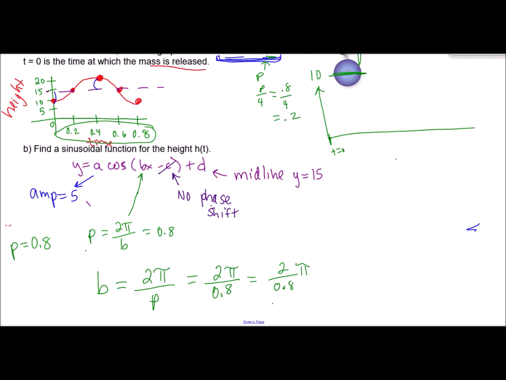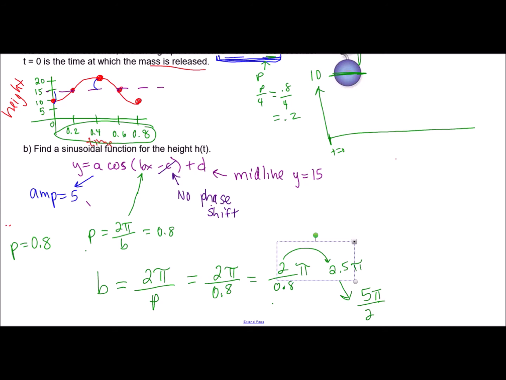So if you take 2 divided by 0.8, that becomes 2.5 pi. But if it's possible, I prefer it as a fraction with pi in there. If you did a decimal, 2.5 pi, that's okay too. I just prefer fractions when it's there.